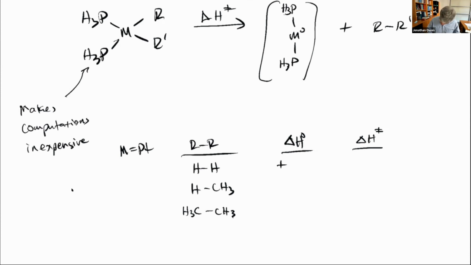So for hydrogen, they found that this reaction was actually uphill, not favorable to make H2. The H2 would rather be stuck to the platinum center as two hydrides. And they found the barrier height of 14 kcals per mole. When they swapped out a methyl for a hydrogen to make methane, now they found it was downhill.